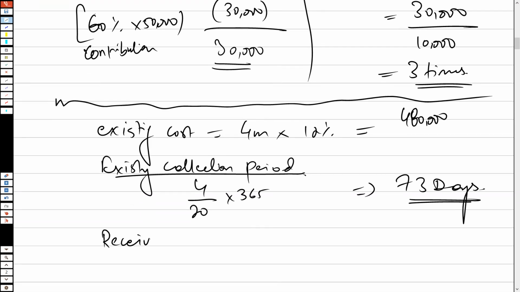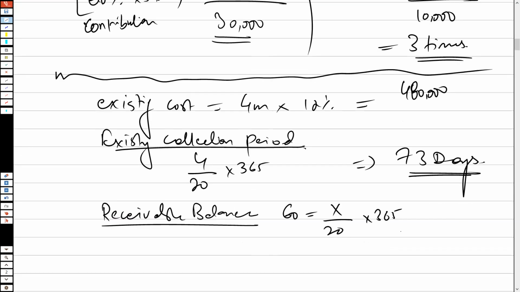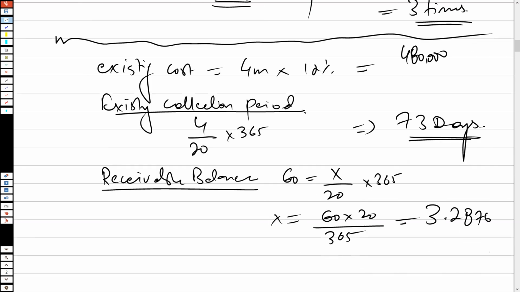Now, what is going to be the receivable balance if we go for a 60-day collection period? 60 is equivalent to X upon 20 into 365. So the value of X is going to be 60 into 20 divided by 365. That's actually going to be 3.2876. You multiply this by 12%.